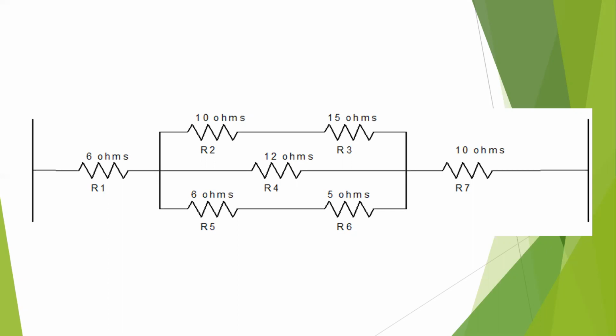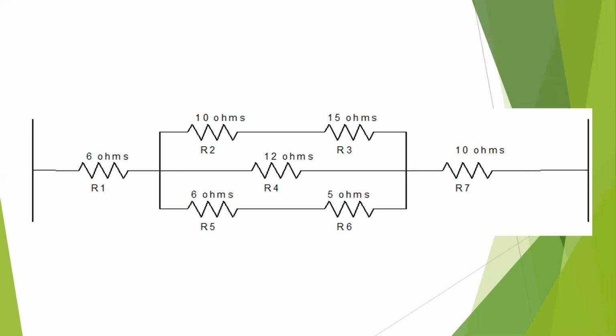So this is R2,3, this is R4, and this is R5,6. All right, then what do you do? Find the total resistance for the parallel circuit, or parallel resistor.